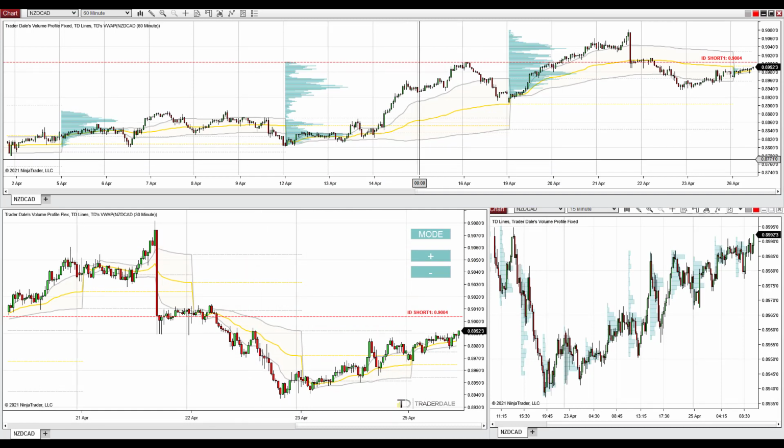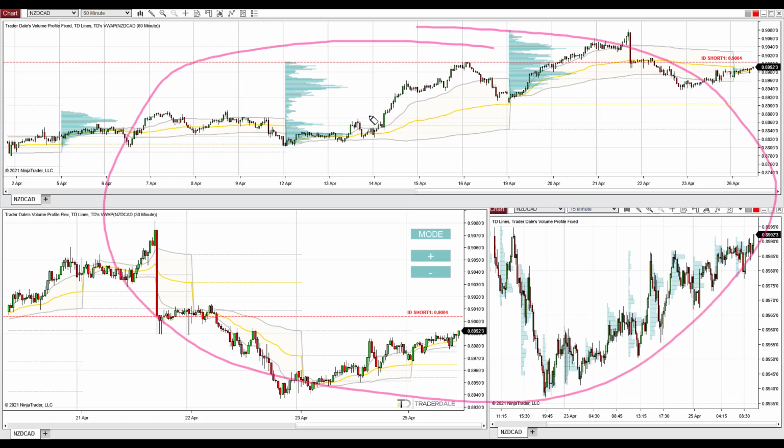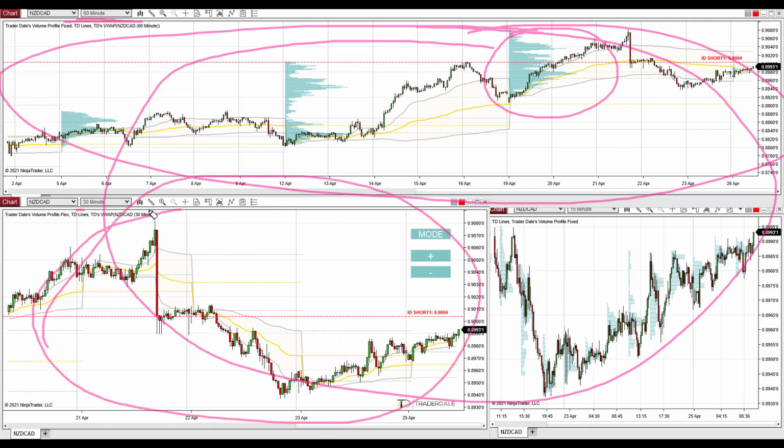The first one is a day trading idea on the New Zealand dollar, Canadian dollar. All those three charts are linked. They all show the same trading instrument, in this case, New Zealand dollar, Canadian dollar. This chart at the top shows weekly volume profiles on a 60-minute chart. Then this chart is a 30-minute chart where I have flexible volume profile.